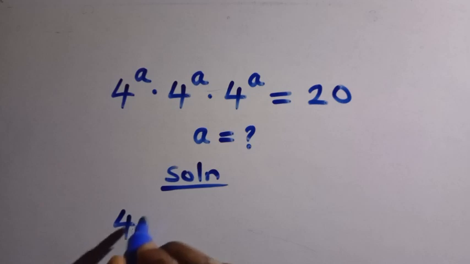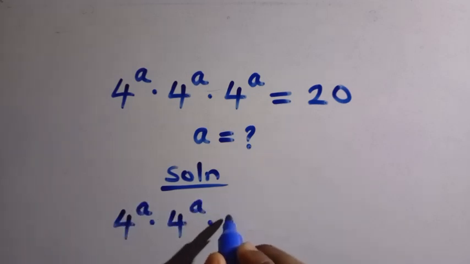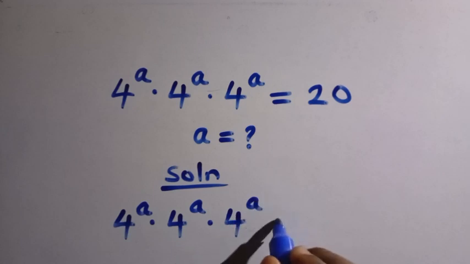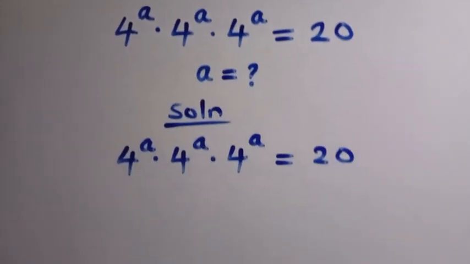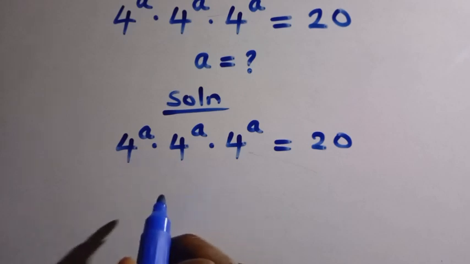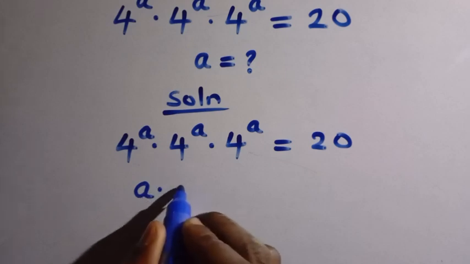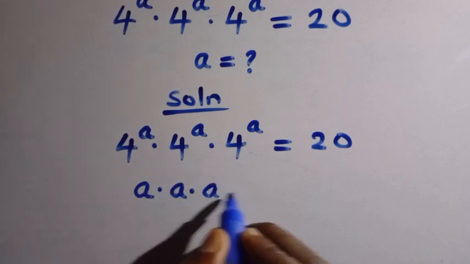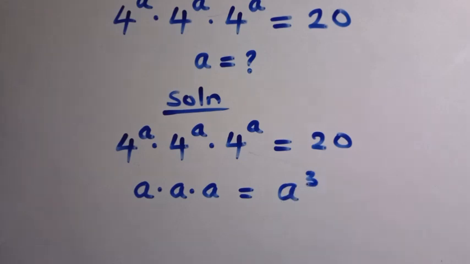So the question says 4 power of a multiplied by 4 power of a multiplied by 4 power of a equals 20. Then the next step here is we have 4 power of a. So all this follows a multiplied by a multiplied by a, so this is a raised to power of 3.